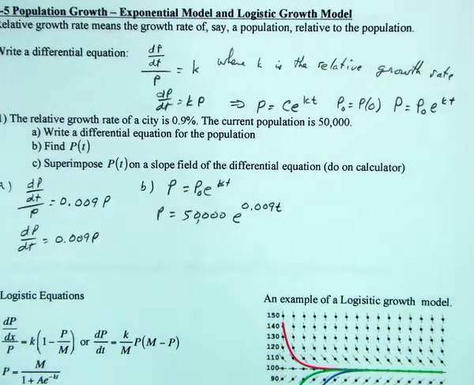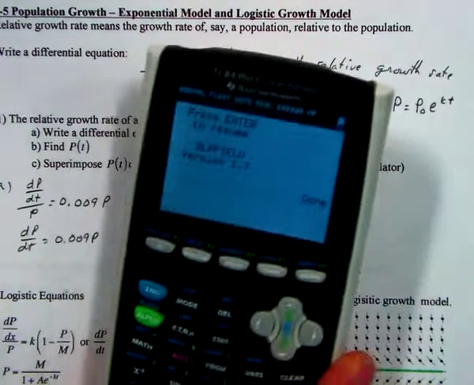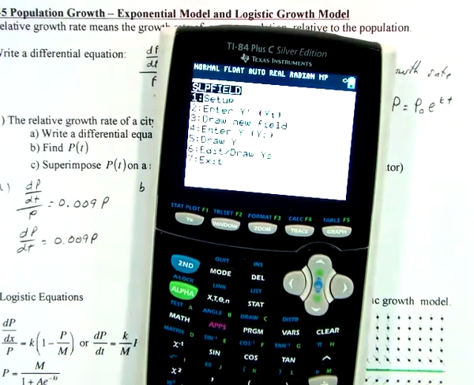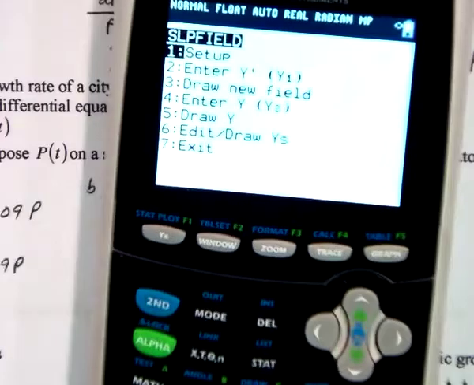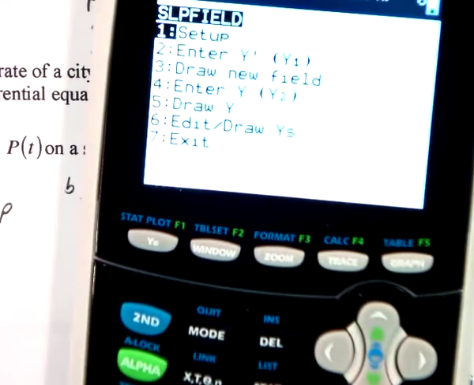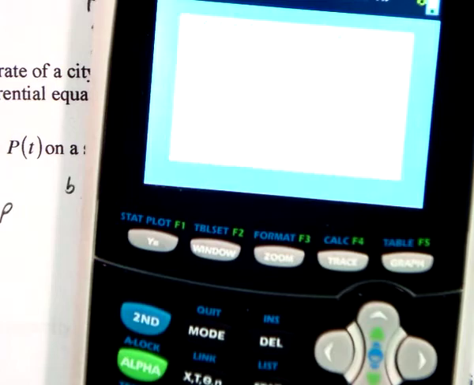Now it says, for the third part, superimpose P of t on a slope field. I've set my calculator up, so it's already ready. I set a lattice of 15 for x, 10 for y. So let me go ahead and draw it.